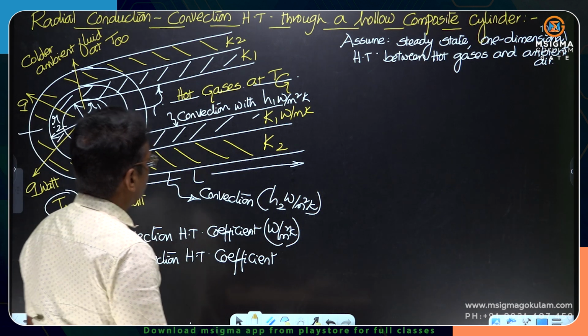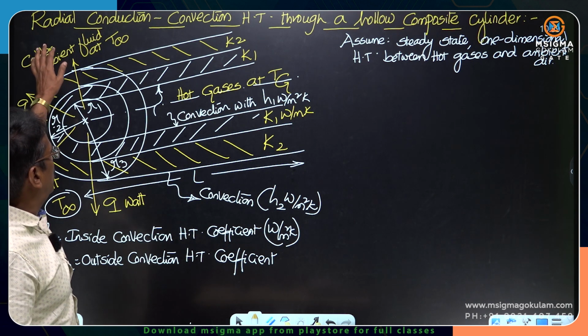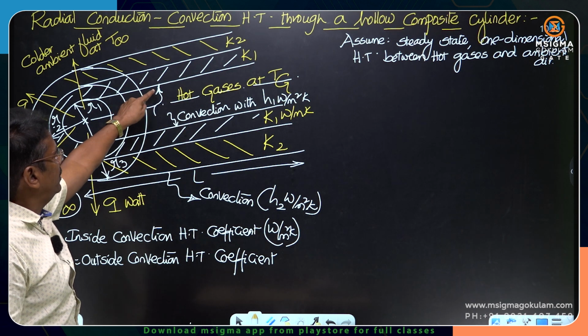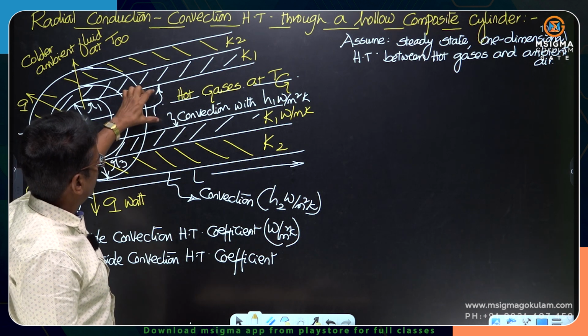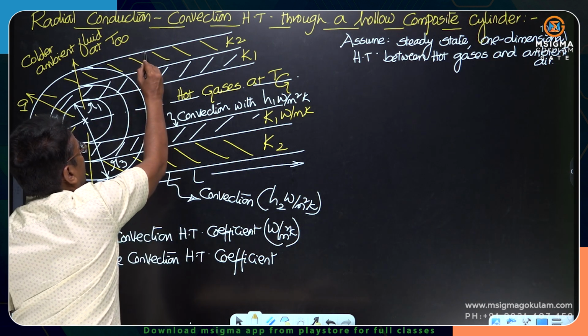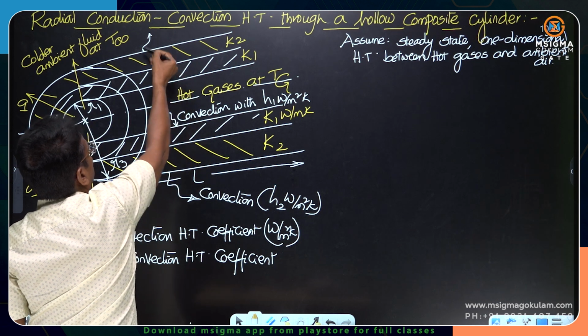Now how many resistances may you expect between the gases and the ambient air? There will be 4 resistances. Convection, conduction, conduction, and outside again convection.